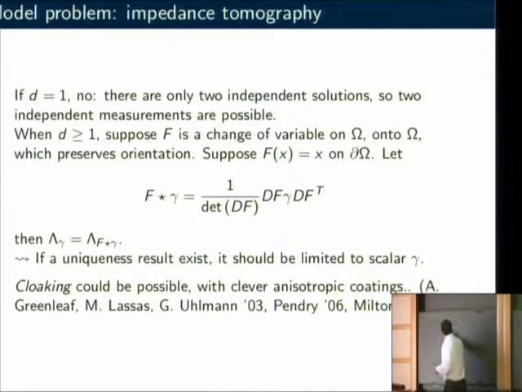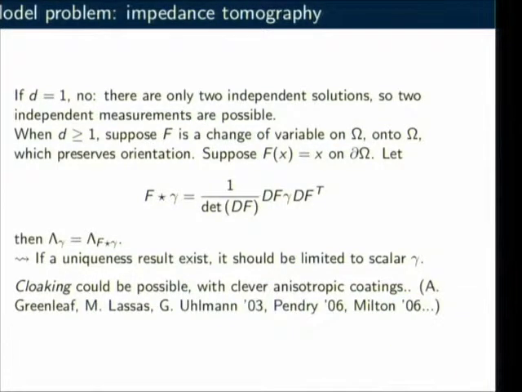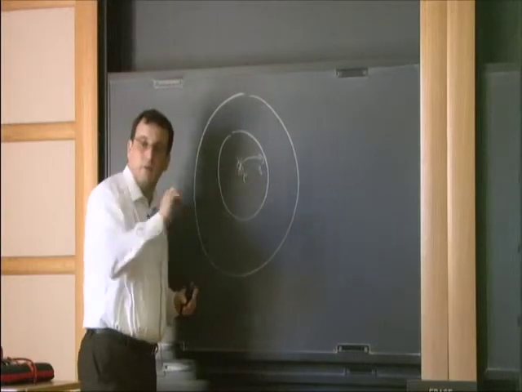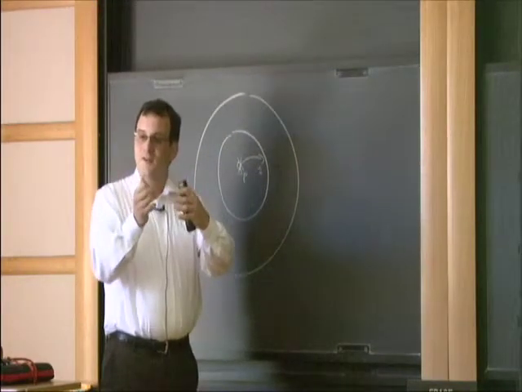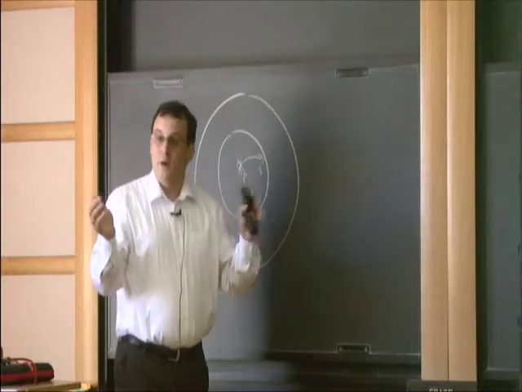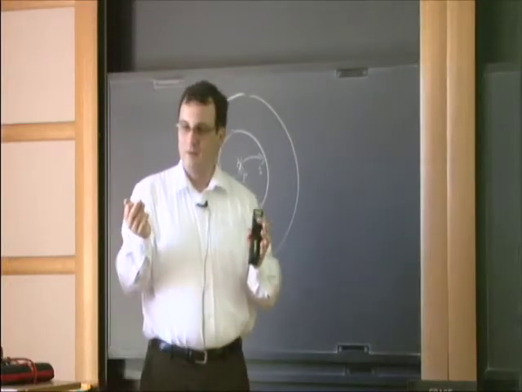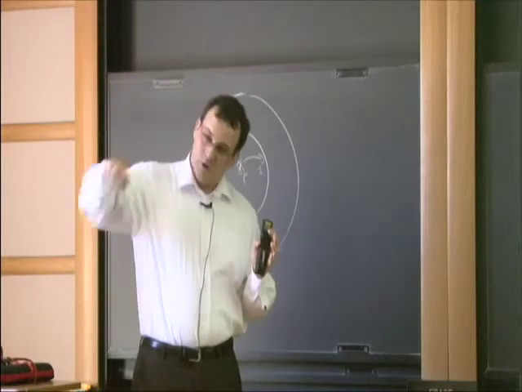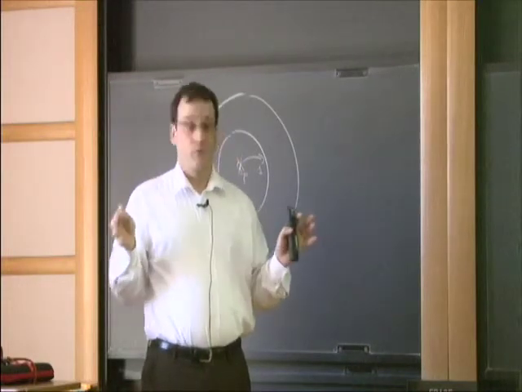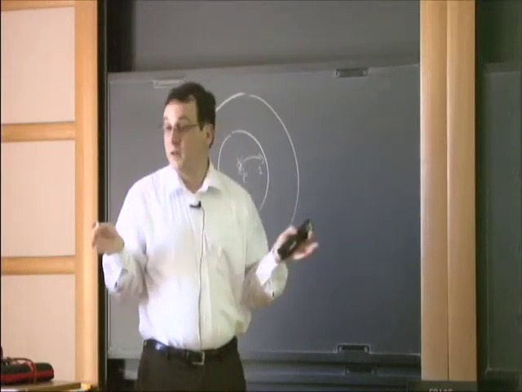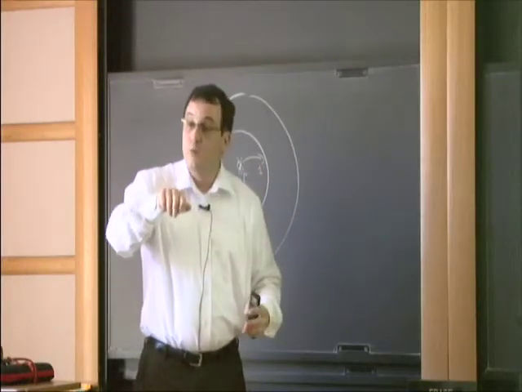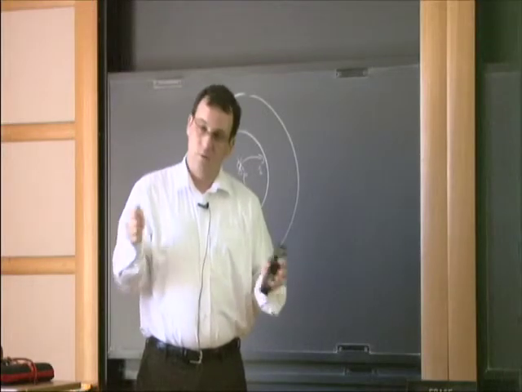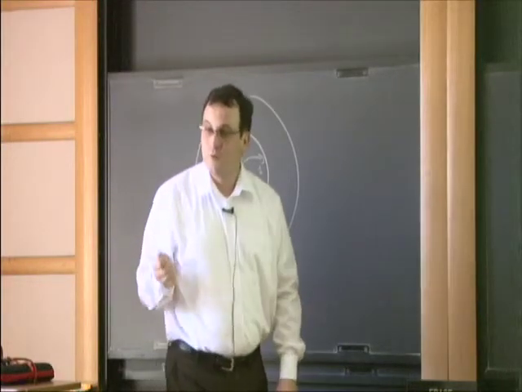You put whatever you want inside the subdomain, but your change of variable maps a big domain to a subdomain of very small size. Basically, it's a homotopy if you want, which shrinks a domain of size 1 to a domain of size epsilon. And if this material looks from a measurement perspective like a scalar answer, because that's all you can hope to get, like something with a very small point where something is not right, but then you make this point go to 0. So in principle, you could.